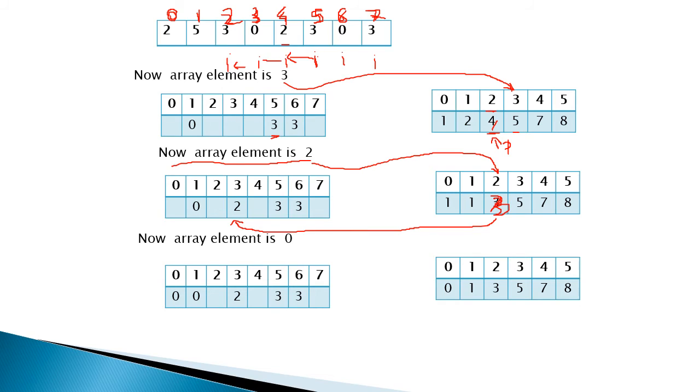Then again decrement I, on the 3rd index the 0 number is there. Then the next element is what? 0, na. Then go to index 0 of the updated array.